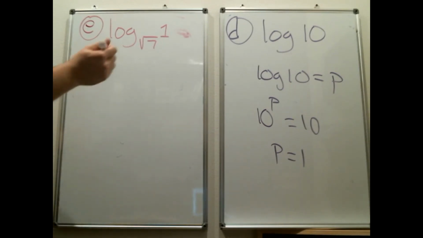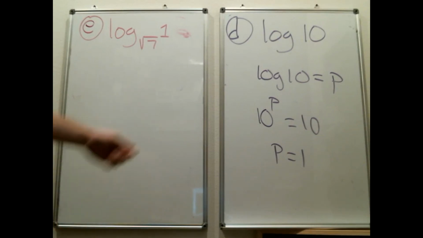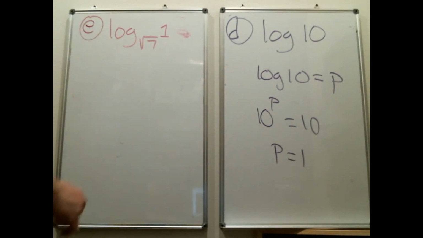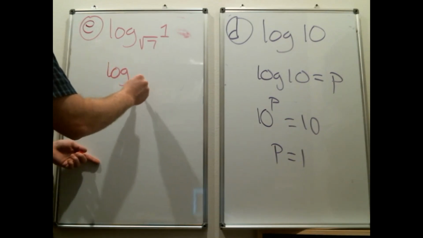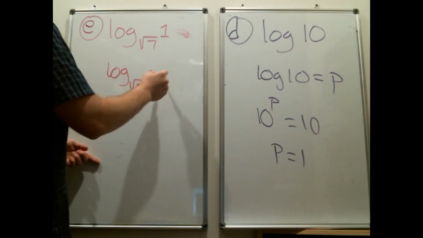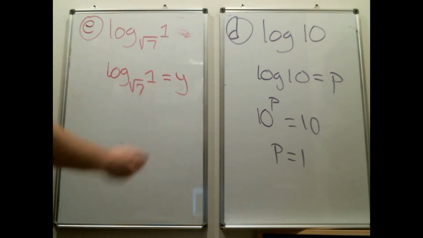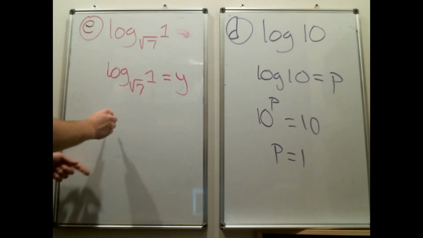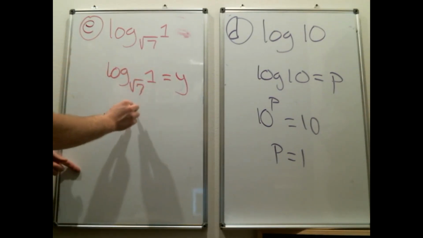Alright. So I don't know what this is, and that's okay. So you work all these, and if you don't know what it is or you're a tad unsure, do the longhand. It's literally 3 steps. So first step is set this thing equal to something. Log base square root of 7 of 1 is equal to y. Now convert to exponential. The base is the square root of 7. Exponent is y.